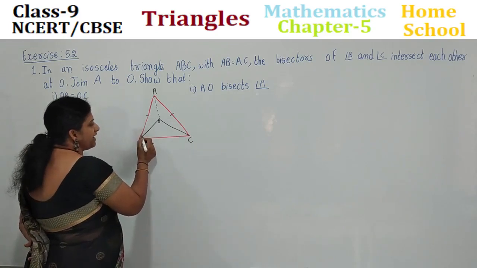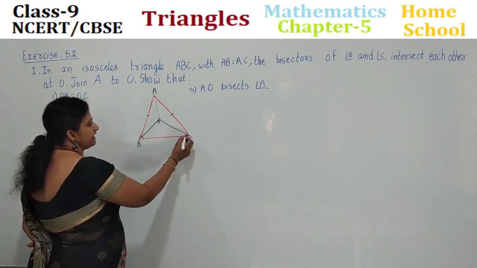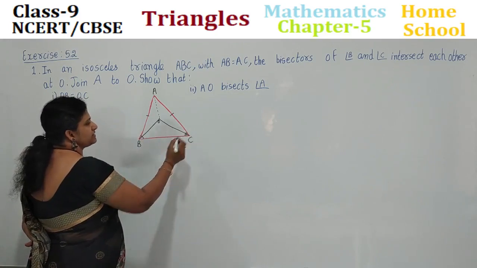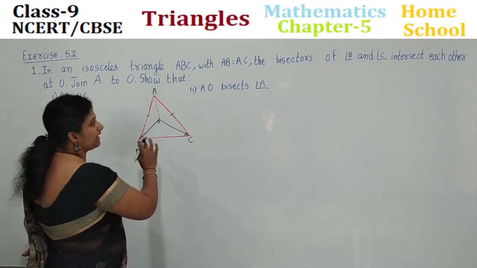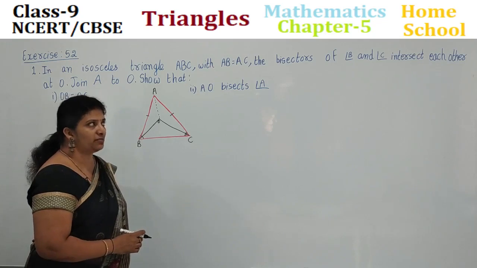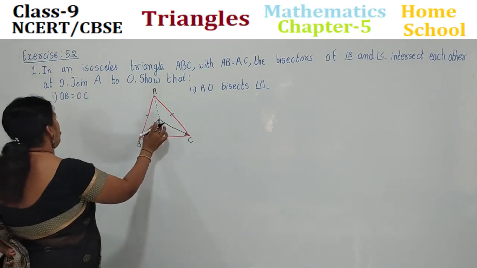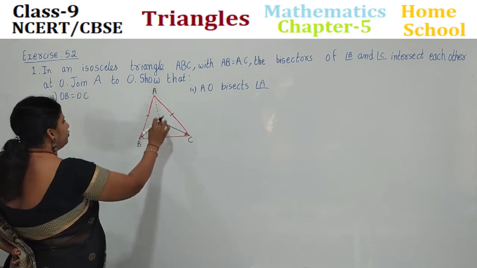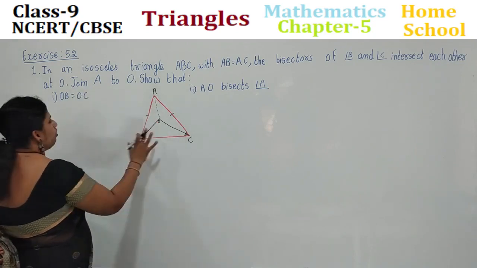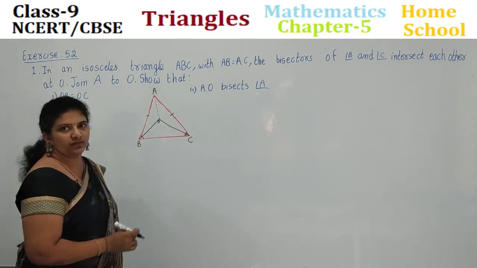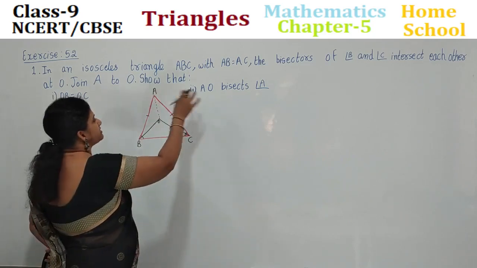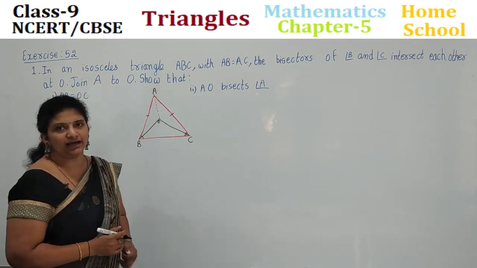The angular bisector, this angle equal to this angle and this angle equal to this angle. The angular bisectors of angle B and angle C intersect each other at O, join A to O, show that OB equal to OC and AO is a bisector of angle A.